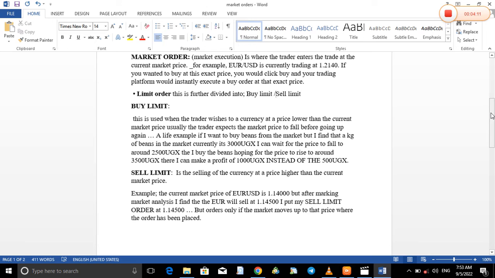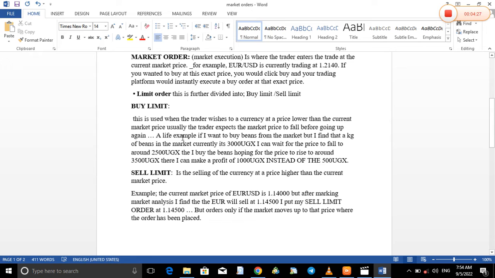Now buy limit, this is used when the trader wishes to buy a currency at a price lower than the current market price. Usually the trader expects the market price to fall before going up again.